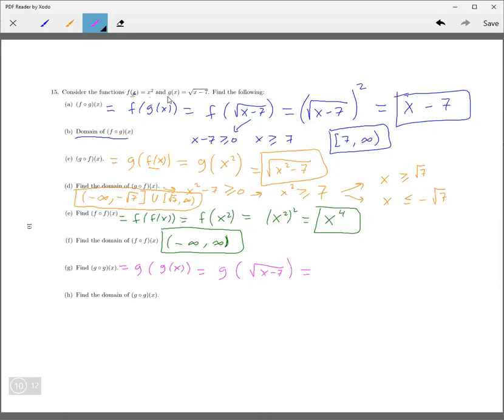Contrast that with g of x. So when you're looking at this, x has been replaced with that. So you replace this x with that. Okay, and that's going to be the answer for that part.